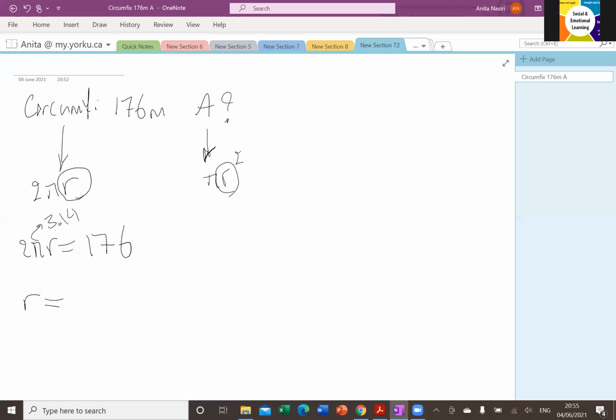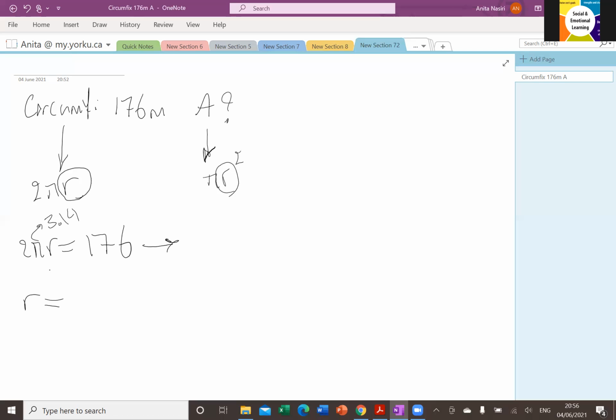How are we going to calculate that? I'll give you some time to do the calculation and let me know what r is. So I see here, okay, approximately 28.